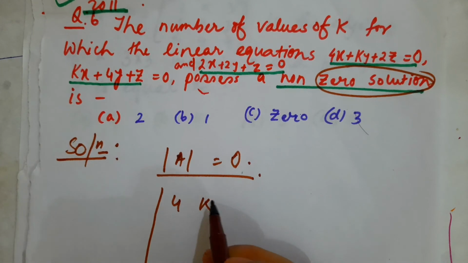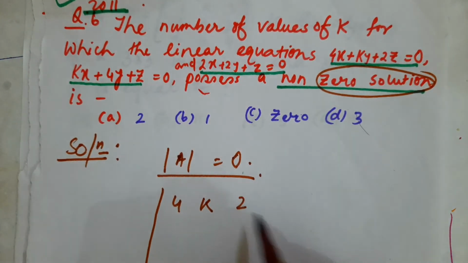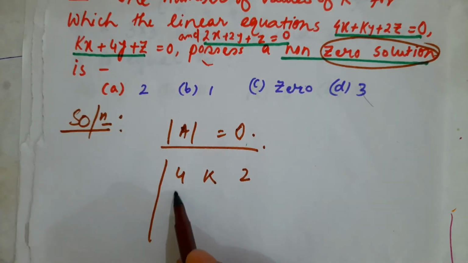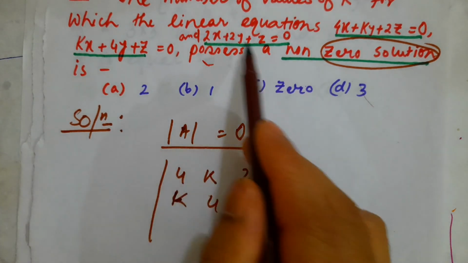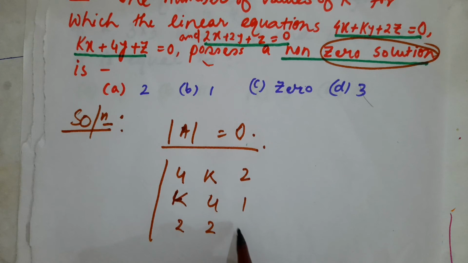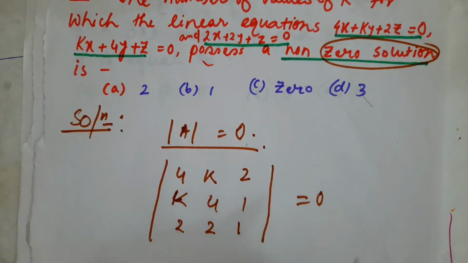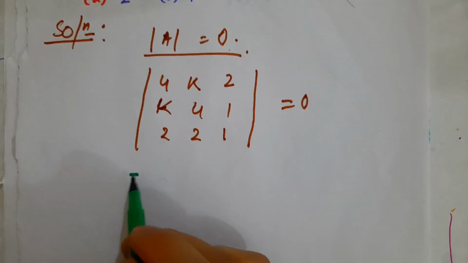Taking the coefficients 4, k, 2, then next row k, 4, 1, next row 2, 2, 1, that is equal to 0. Now we'll solve this determinant.